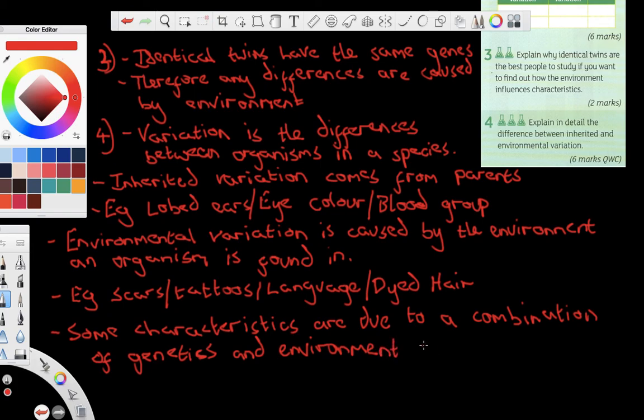And you could have given an example, e.g. height, or body mass would be another good one.